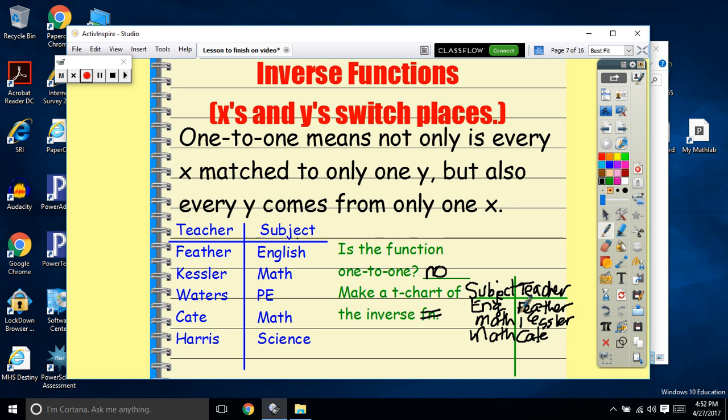See, that's why the inverse is not a function, because now math is an x, and that x goes to two different y's. For PE, I will only list Waters. And for science, I'll only list Harris. So I can do an inverse, it's just the inverse isn't a function.